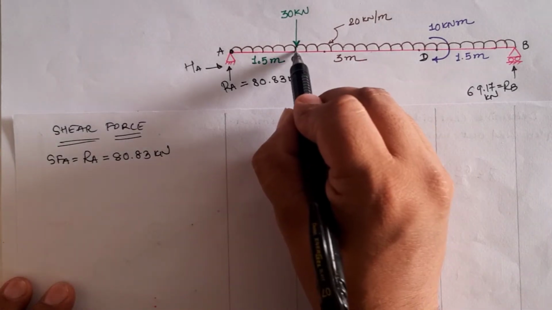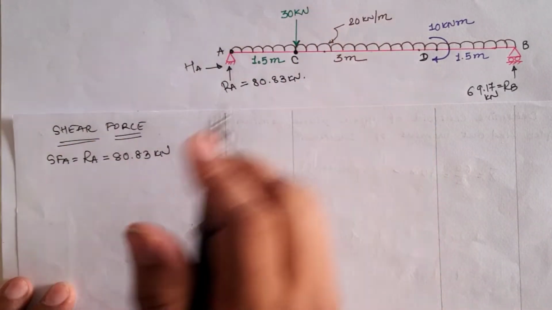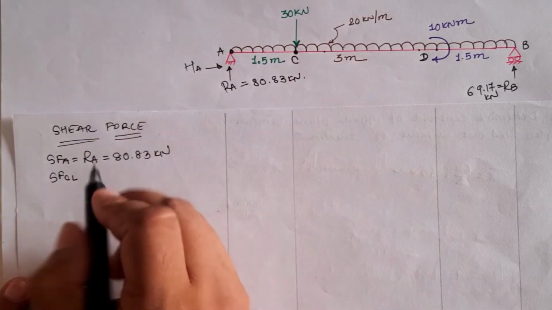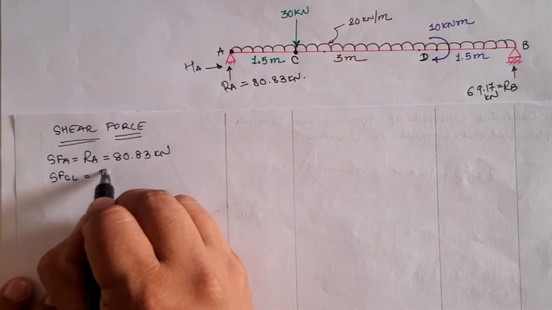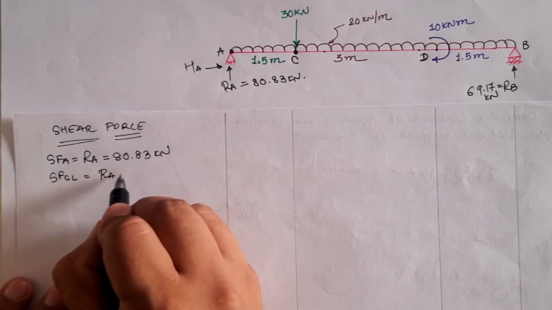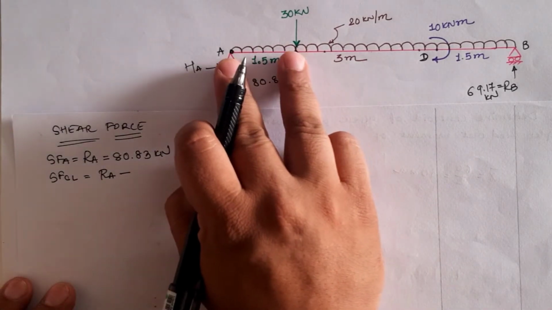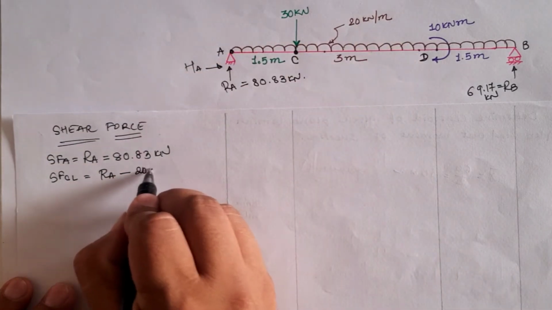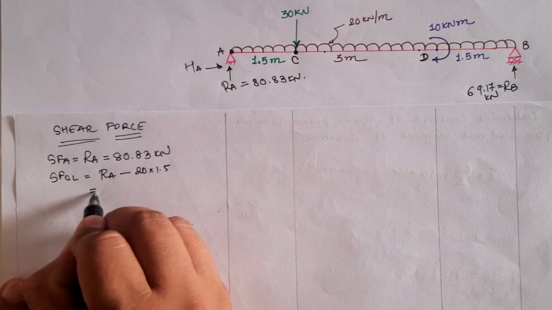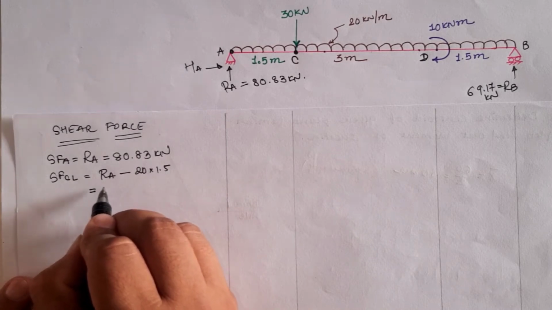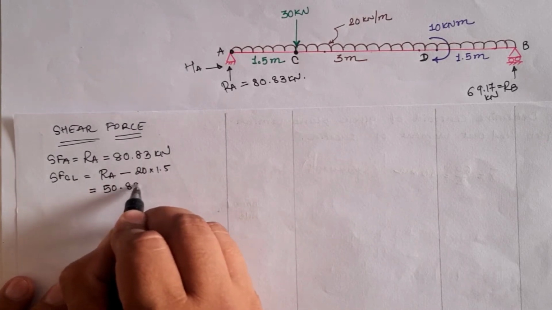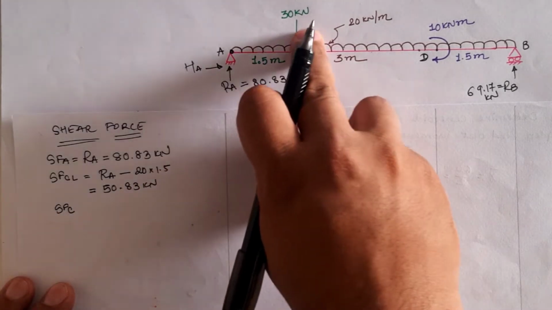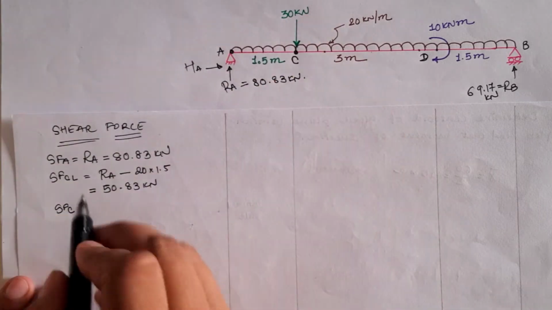Now observing point C, if we ignore the 30 kilonewton load, then SF just before point C is RA, 80.83, minus UDL of 1.5 meter span, and the UDL value is 20 kilonewton per meter. So it is 20 into 1.5, and the value is 50.83 kilonewton.